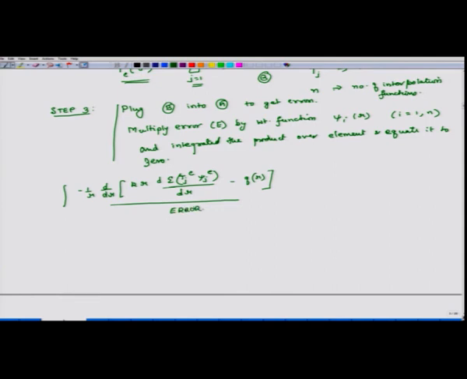And what am I doing? I am multiplying this error. See here what I have done, I have substituted u by the sum of Tj psi j. So, this is the error and I am multiplying this error by a weight function psi I for the eth element, which is also a function of r, and this entire thing is integrated, and I am equating it to 0.